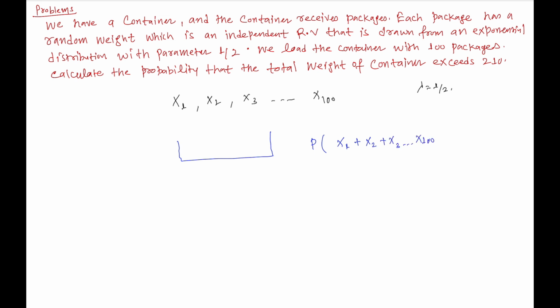If we denote the sum of these IIDs, that is, independent identically distributed random variables, with Sn, then this Sn is nothing but the sum of these random variables. So we have been asked to find the probability that Sn is greater than 210, right?